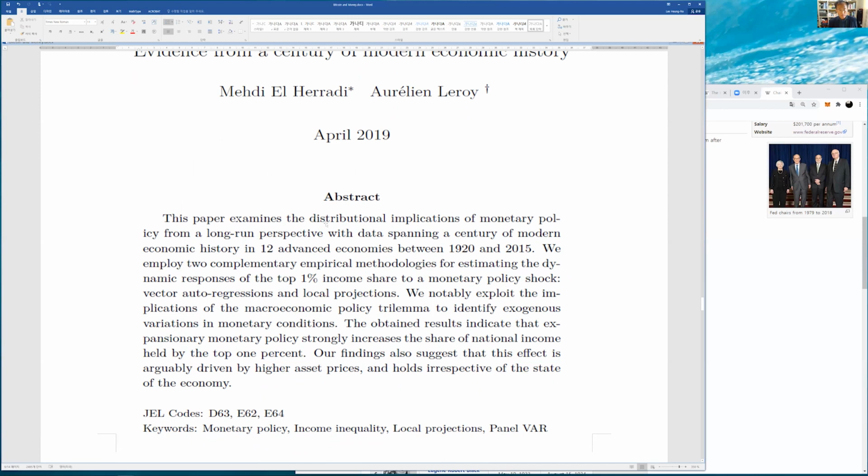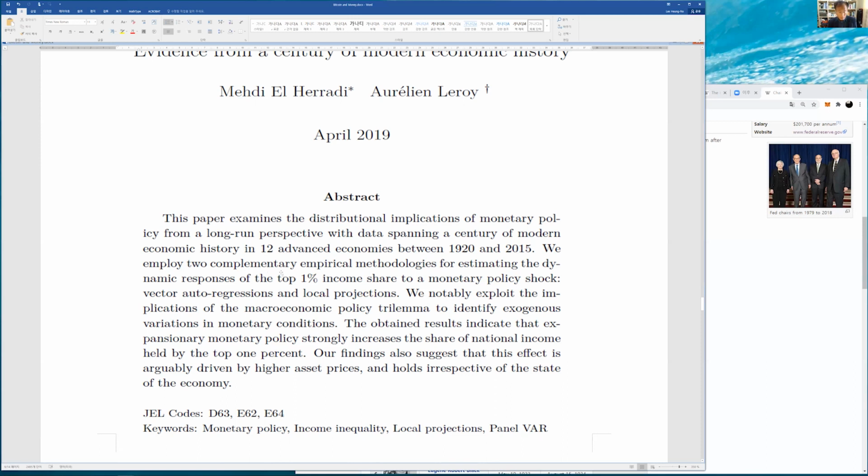This paper examines the distributional implications of monetary policy from a long-run perspective, with data spanning a century of modern economic history in 12 advanced economies between 1920 and 2015.